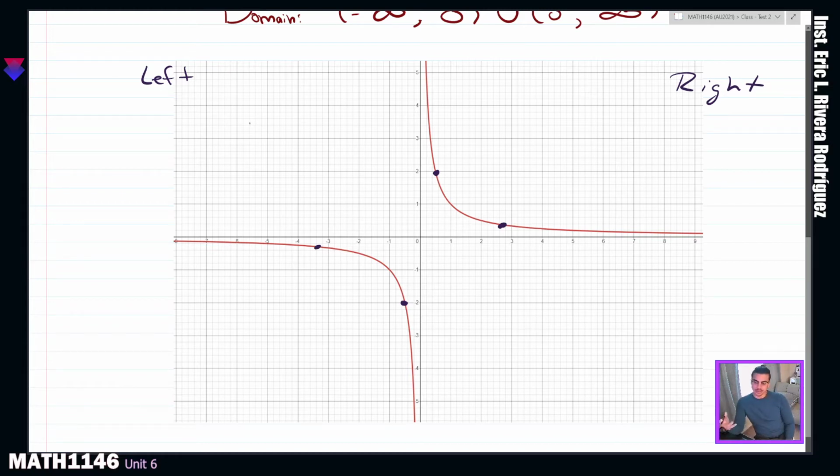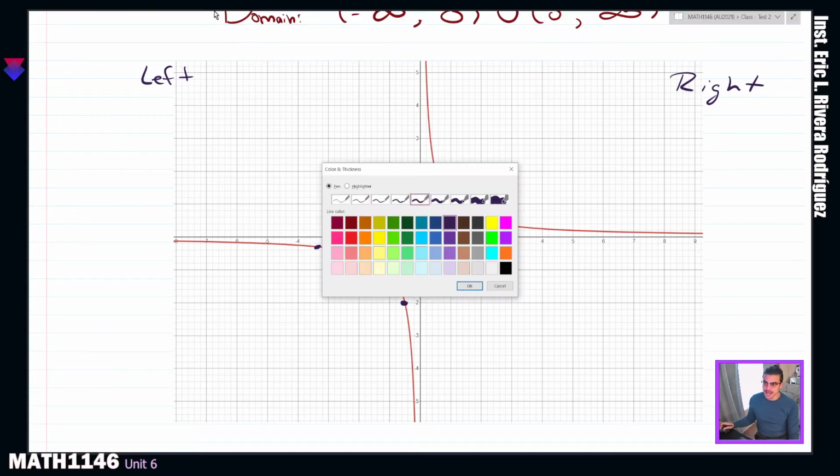Asymptotes are not part of the function, are not part of the graph of the function, but they are properties that we can represent on the graph because asymptotes have a few key importance in this graph. Okay, the first one is the vertical asymptote.